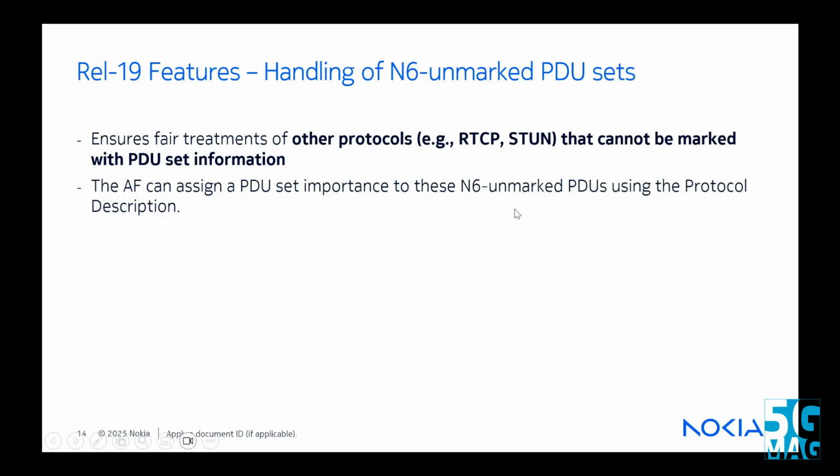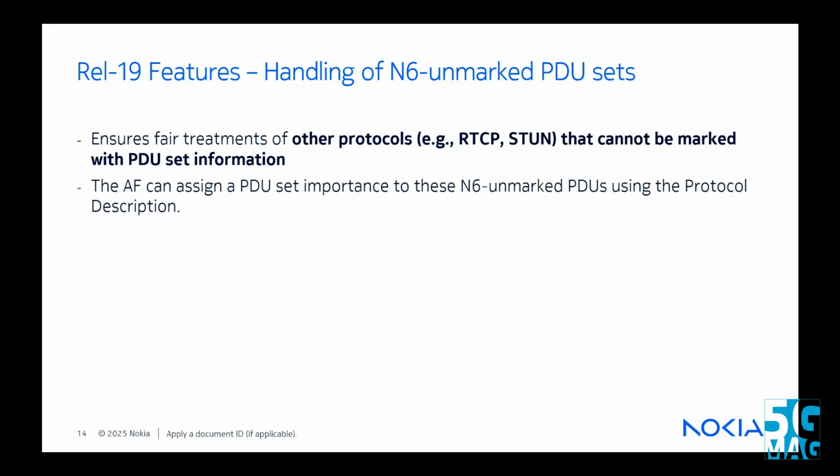Then finally, we have the handling of N6 unmarked PDU sets. So you might have on the same flows, in addition to RTP, other protocols, for instance, RTCP and STUN, that cannot be marked within the RTP header extension, and then you can have your application function assign PDU set importance for these N6 unmarked PDUs.